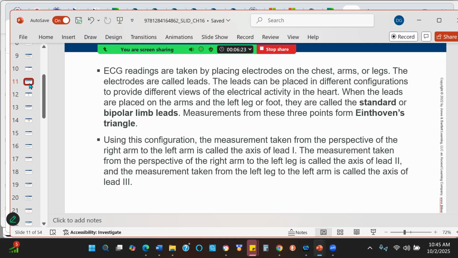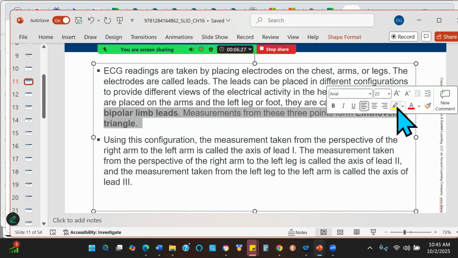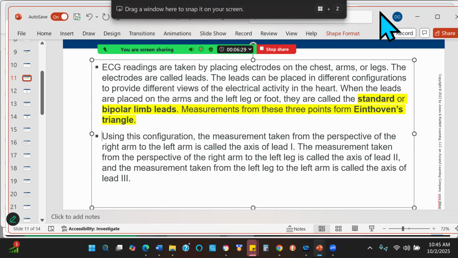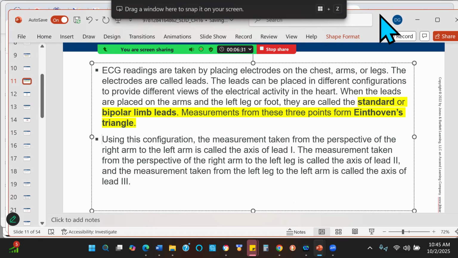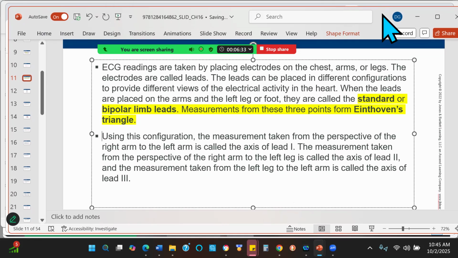Yeah. So standard bipolar leads, and there's Dr. Einthoven. Man, I'd love to show you a picture of the first EKG machine. I'm going to make myself a note to do that. I don't want to go there right now because we're going to lose this PowerPoint with all the other stuff that's open. It's fascinating.